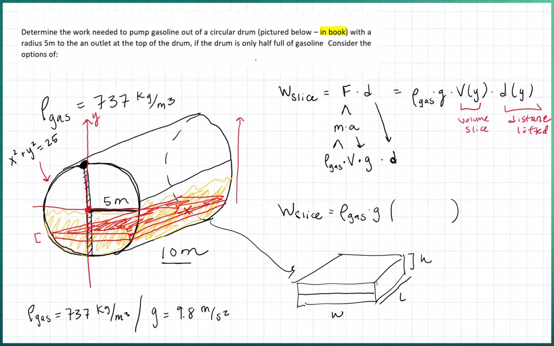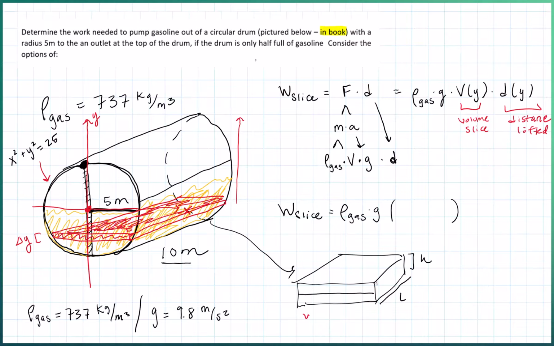So what is the width? Well, the width of this slice right here is changing. So this is a variable slice, unlike our previous example. The slices are going to vary. The slice right at the center, the width is going to be 10 meters because it's 2 times the radius. But down here, the slice is going to be a little different. How would we represent that slice? Well, it's going to be 2x.